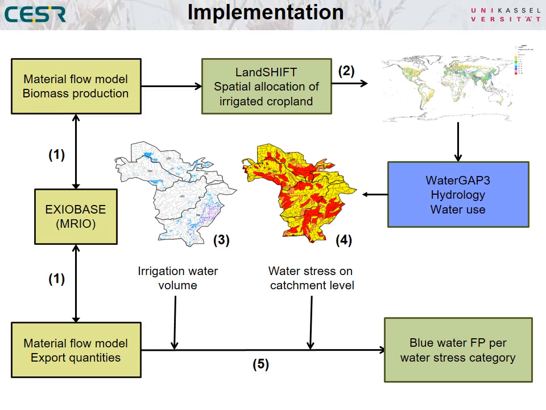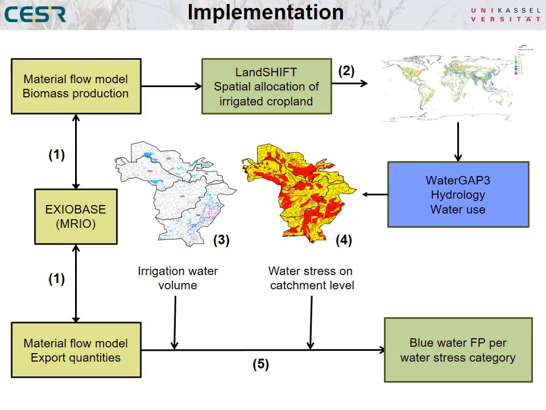Based on this allocation, which is generated on a 5 arc-minute global grid, we use the WaterGAP hydrology model to calculate irrigation water use on one hand and water stress on catchment level. And then we bring together, we combine this information on irrigated water volume and water stress with the material flow data in order to generate the water footprint per water stress category.